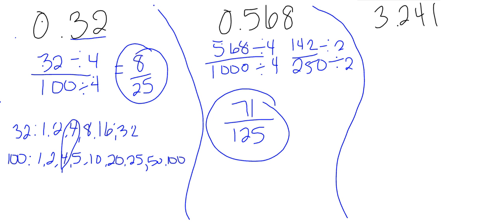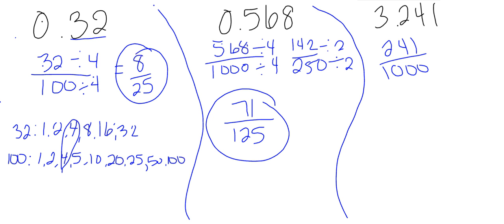3.241. Again, I'm going to ignore the whole number and I'm going to just put 241 over 1 and then 3 zeros because there's 3 numbers to the right of the decimal. And we're going to see if 241.